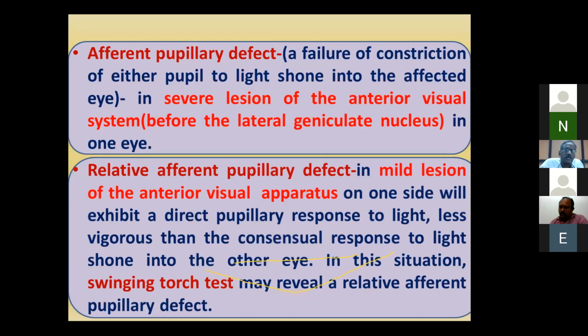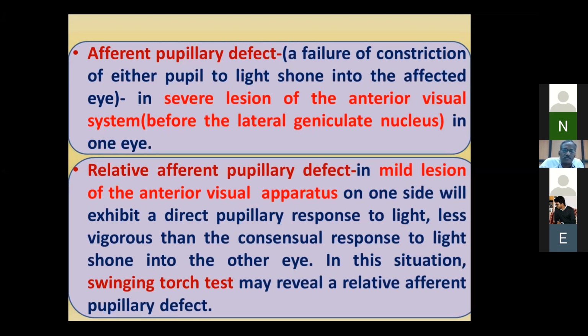Then two things: afferent pupillary defect and relative afferent pupillary defect. Afferent pupillary defect is in the same eye; relative afferent is for the opposite. Afferent pupillary defect is failure of constriction of either pupil to light shone in the affected eye. Relative afferent goes for the opposite side. This is there in a severe lesion of the anterior visual system in one eye.